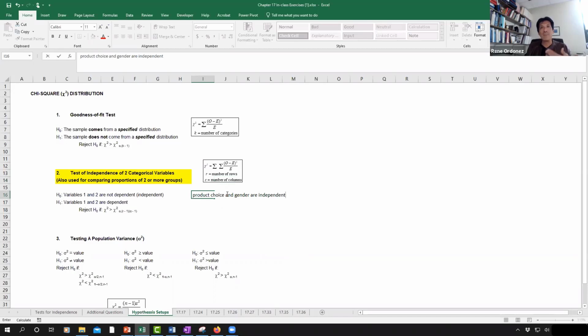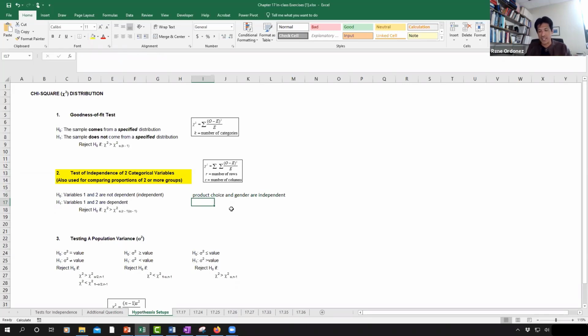What does that mean from our marketing standpoint? That means that the product you are selling does not appeal more to one gender or another, meaning gender really doesn't make any difference in terms of appeal for your product.